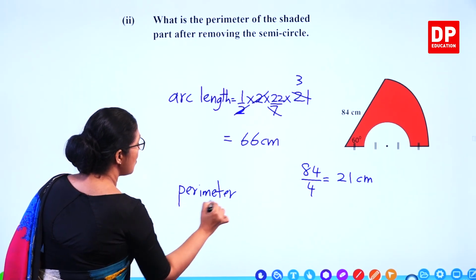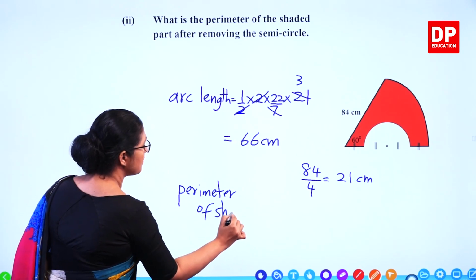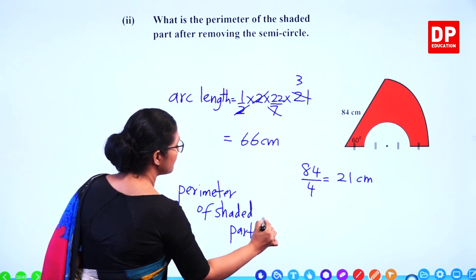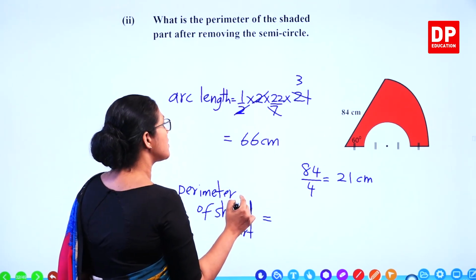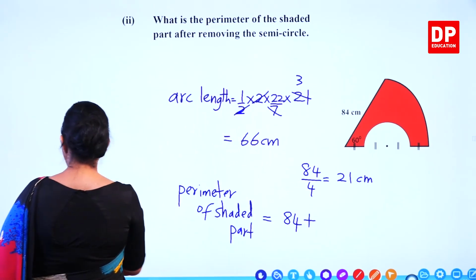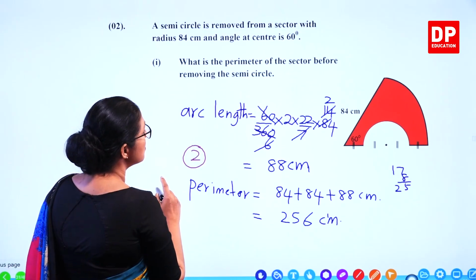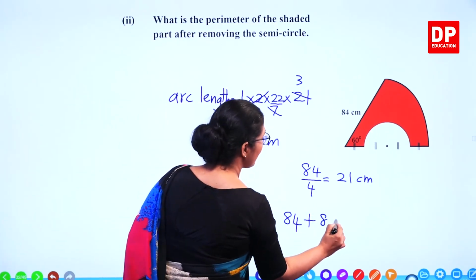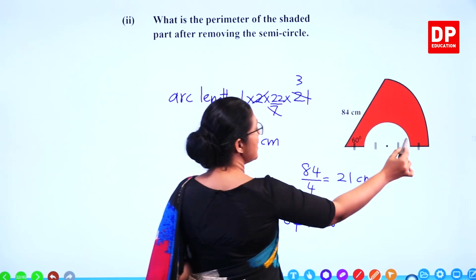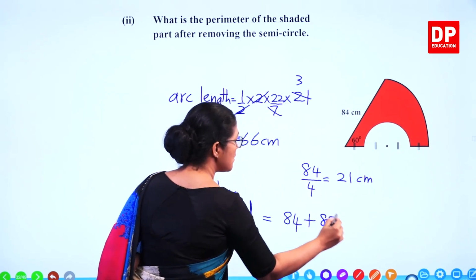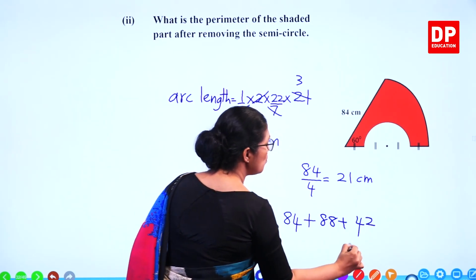Perimeter of shaded part. What's the perimeter? 84. And what's the arc length we found before? Arc length 88. 84, 88. Now what is this one? That's 21. This is 21. So 21, 21, you get 42.